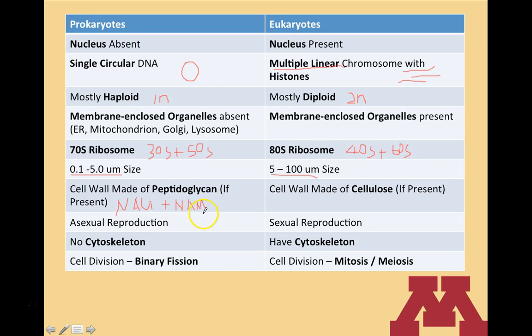NAG and NAM are linked by short peptides to make up the cell wall. In eukaryotes, if the cell wall is present, the cell wall is made of cellulose, which is the polysaccharide of beta-glucose.